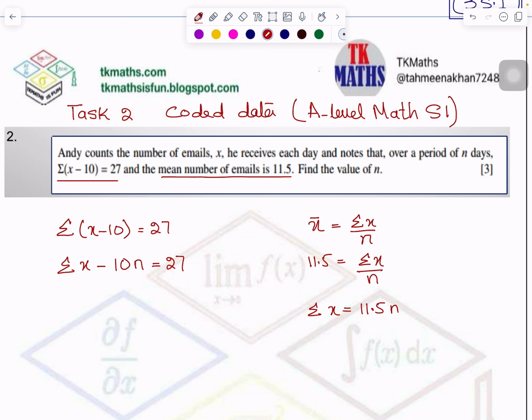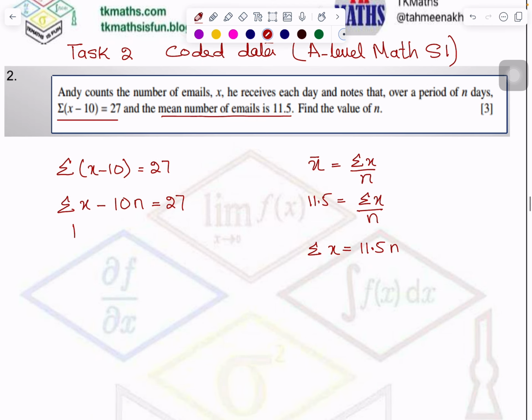I can plug in this value here, and it becomes 11.5n minus 10n. Now it is simple algebra, so you can solve this question. It becomes 1.5n equals 27.